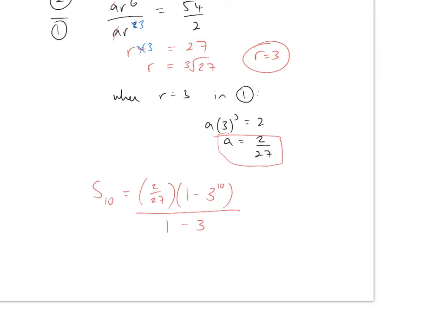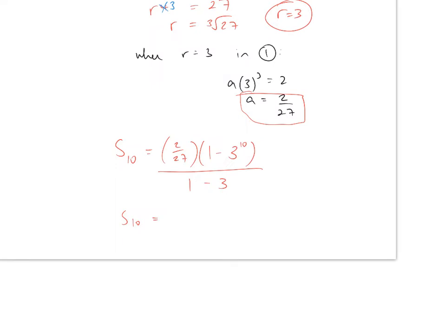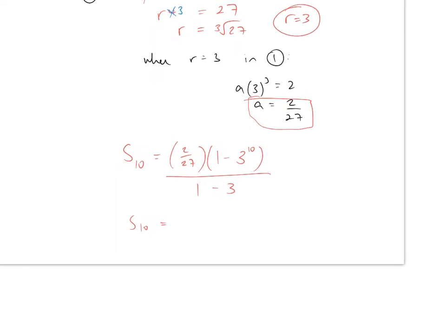And that's going to go into your calculator, and it will get you the following answer. So that gets me the answer 2,186.0 blah blah blah, so it's equal to 2187.0 to 1 decimal place.